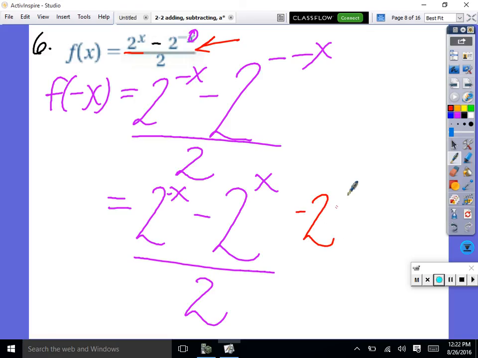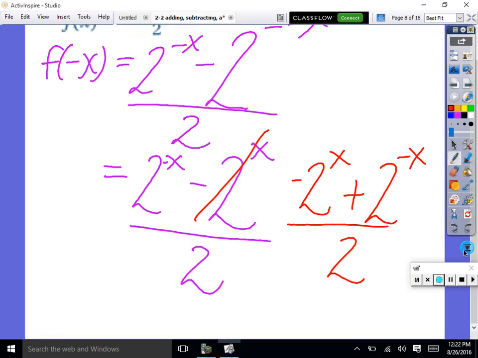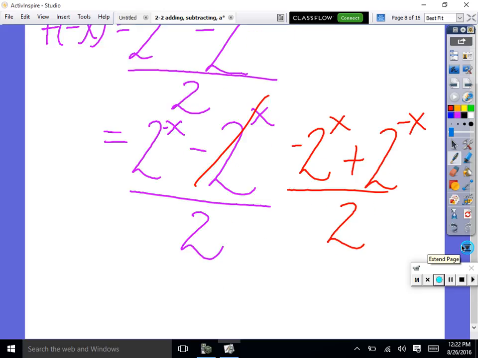So -2 raised to the x, and then plus 2 raised to the -x, all over 2. And then, remember, if you have a negative in front, we would factor out a negative. You see how I'm reordering it in the same order, everybody?